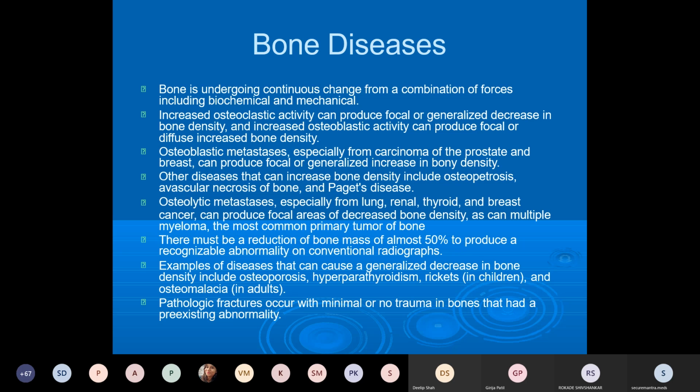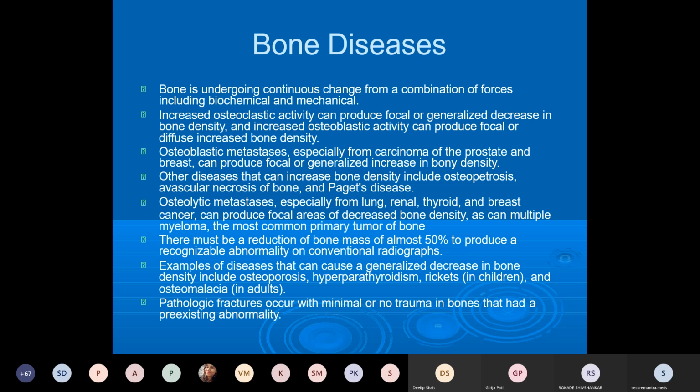Then osteolytic metastases are especially from the lung, renal, thyroid, and breast cancer. And they can produce focal areas of decreased bone density, as in multiple myeloma. So there are two types of bony metastasis. First is the osteoblastic and second is osteolytic.